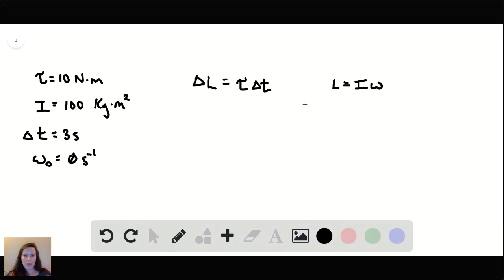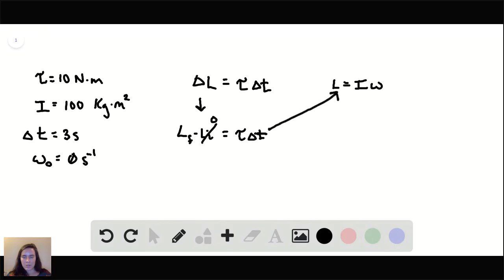Since we start from rest, our initial angular momentum is 0. Remember, change is final minus initial, right? So L final minus L initial, which is 0 because we start from rest, is equal to torque times delta t. Delta t we can always just say is 3 seconds because we assume we start at 0.